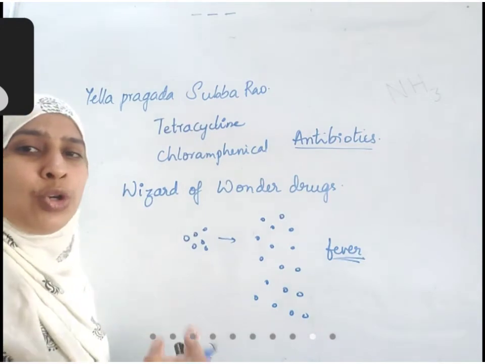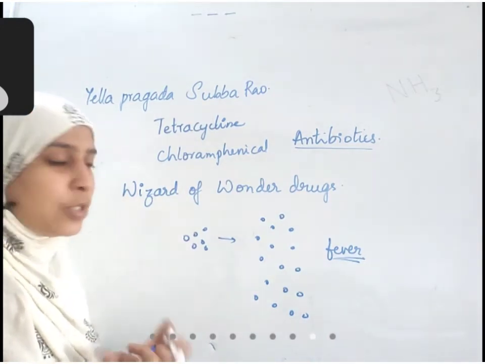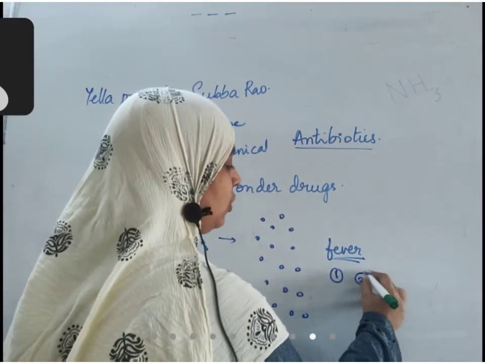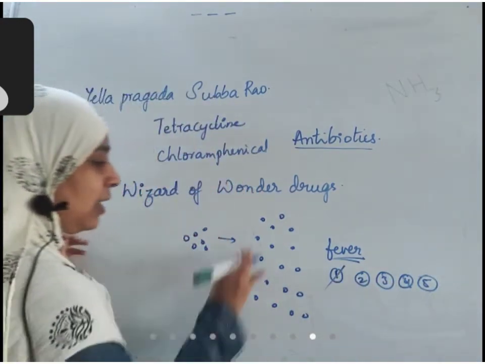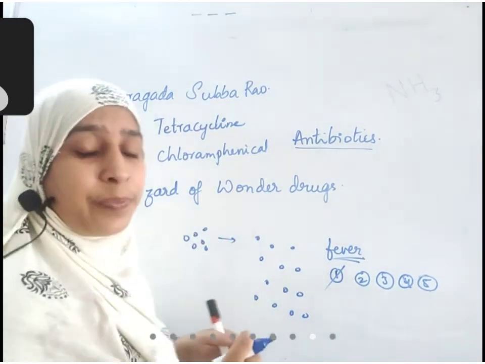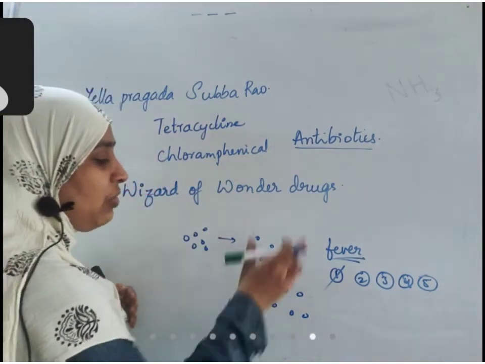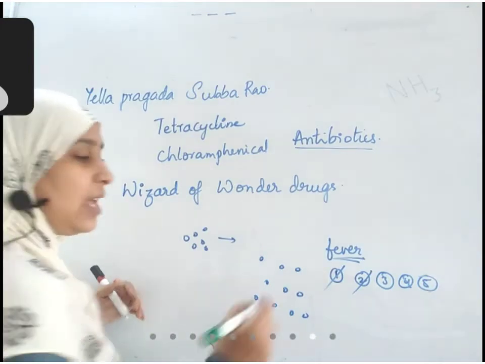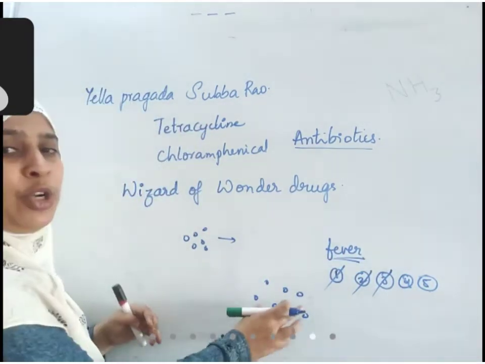At that time, we go to the doctor and the doctor advises us to take some antibiotics. Suppose the doctor asked us to take 5 tablets: 1, 2, 3, 4, 5. We have taken the first tablet, the number of bacteria decreases to a certain extent, but still we have fever. The second dose also completed, the number again decreases. The third dose also completed, the number again decreases. At this time we don't have fever.